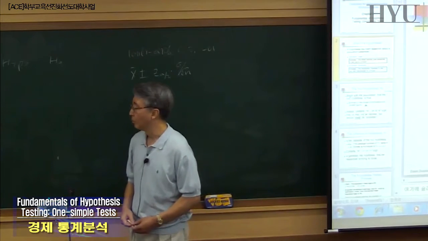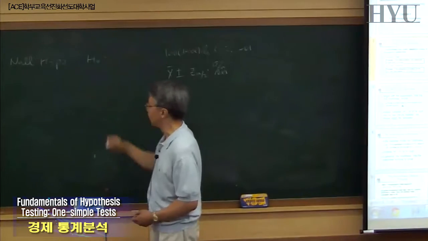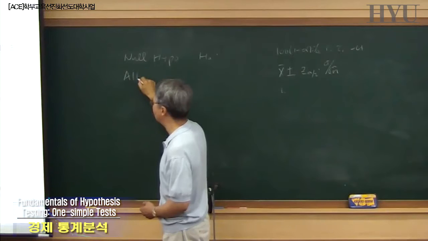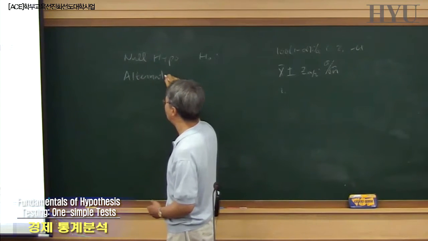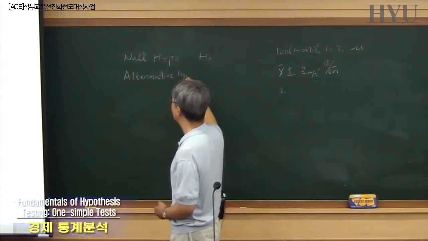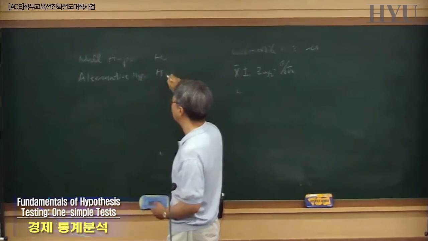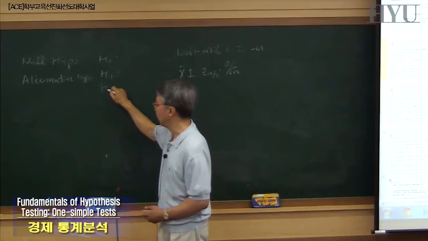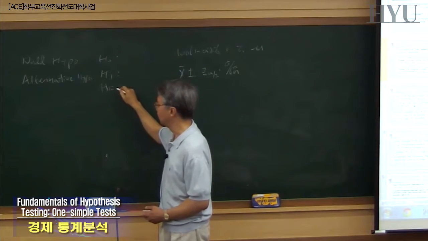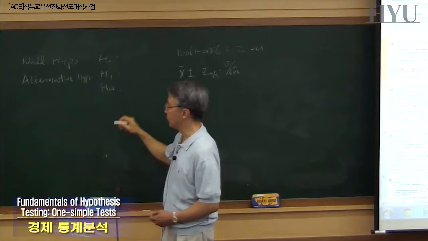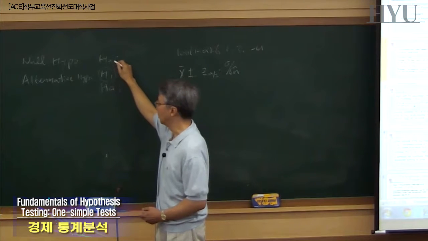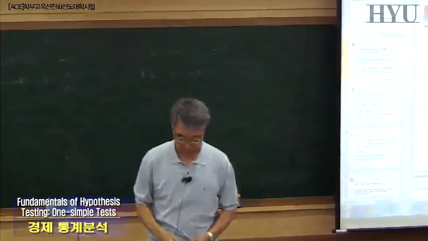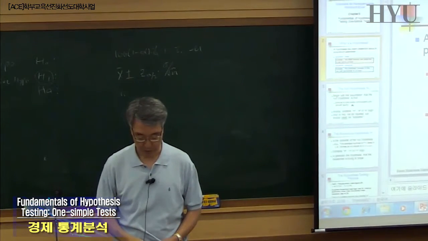This is the null hypothesis, as opposed to the alternative hypothesis. Depending on the textbook you use, some textbooks use HA for alternative, but our textbook uses H1. So H0 versus H1, that's what we're going to use in this class.